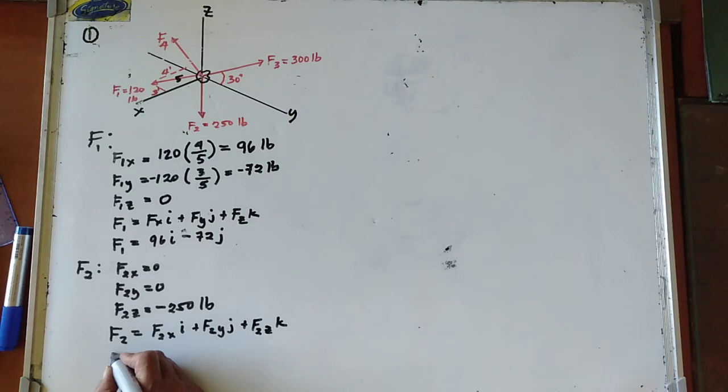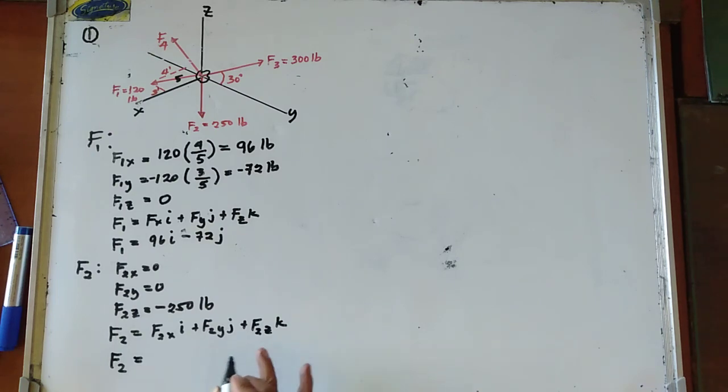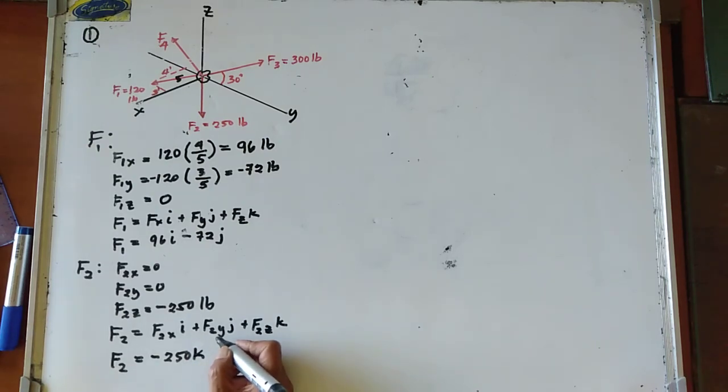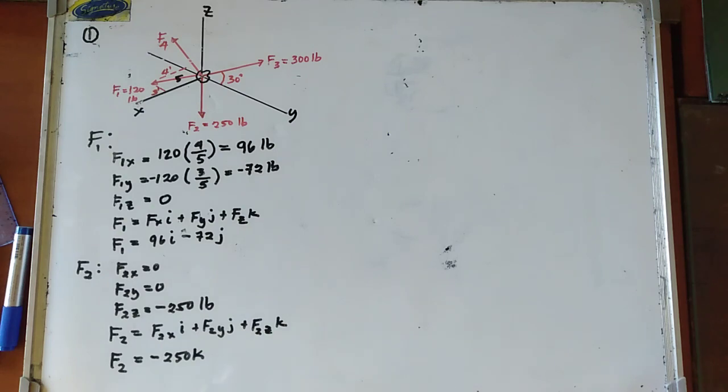So, in Cartesian vector form, your F2 is 0, 0, hence we have minus 250k.